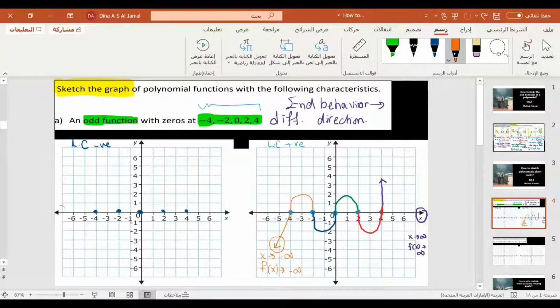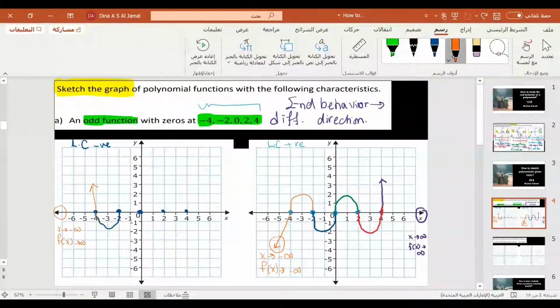You will start from when x goes to minus infinity, your f of x must be infinity. So start from here until it cuts this. So let me try to have it accurate here. It will come down until it hits minus 2.